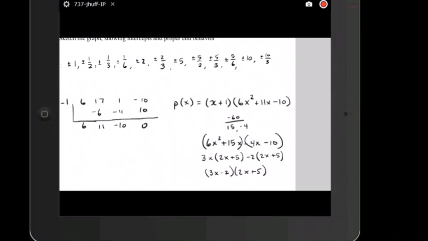So then the two factors are 3x minus 2 and 2x plus 5, with the addition of that x plus 1 that we had found already. So those are the three factors, because we want to have three factors because we started with a third degree polynomial. So fully factored means 3 factors.